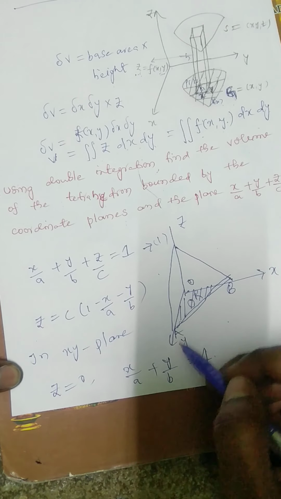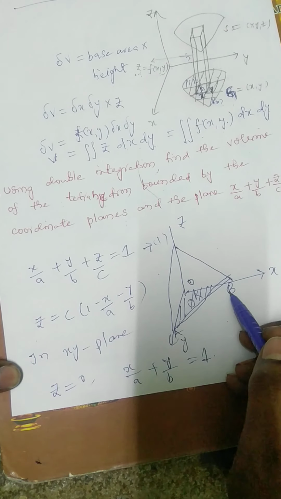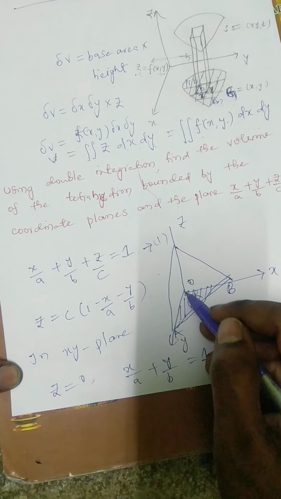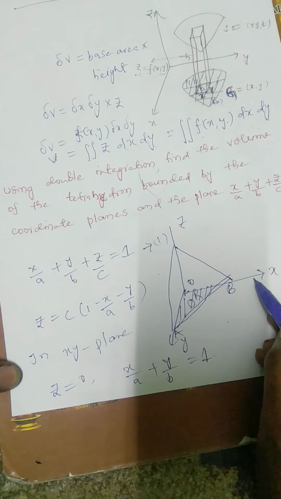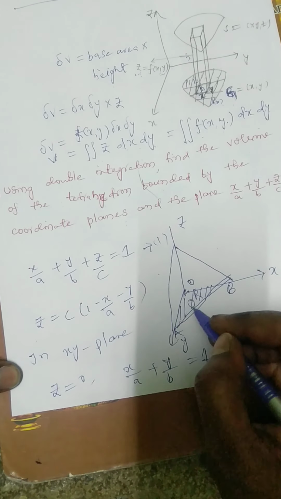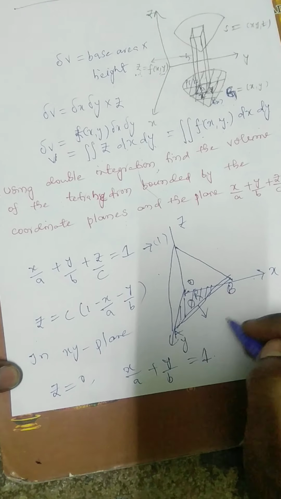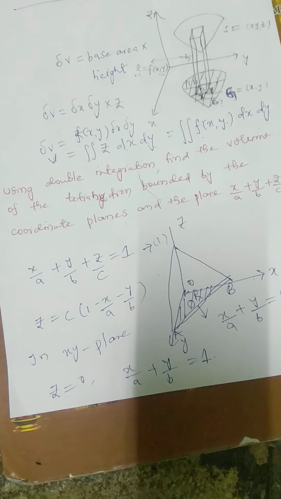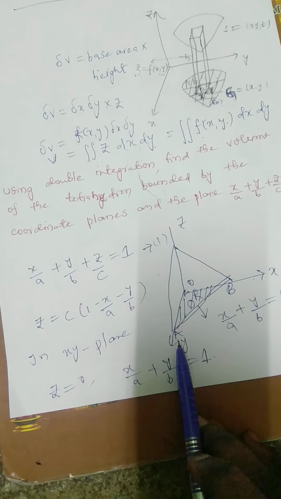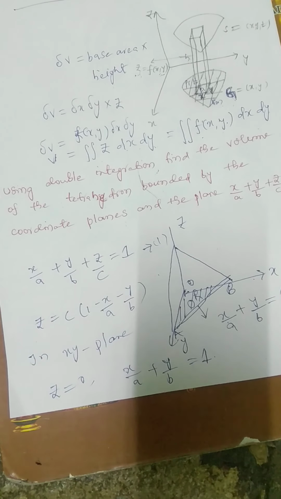The region is the triangle OAB, which is bounded by the y-axis, nothing but x equals 0, the x-axis, nothing but y equals 0, and this line, x by a plus y by b equals to 1. Clearly we can see that in the xy plane.